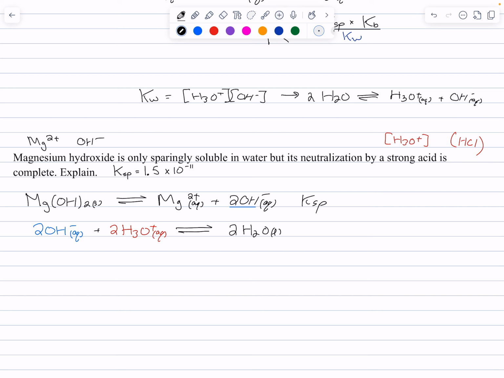Now, before I continue, can you see my mistake? I did a simple mistake. I'm glad I did it, because I did the same mistake a lot of students have made. I have 2 hydroxides and 2 hydroniums. How many waters does that make? It's not 2 waters.